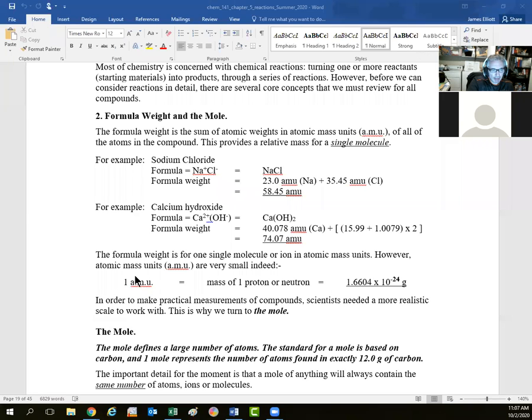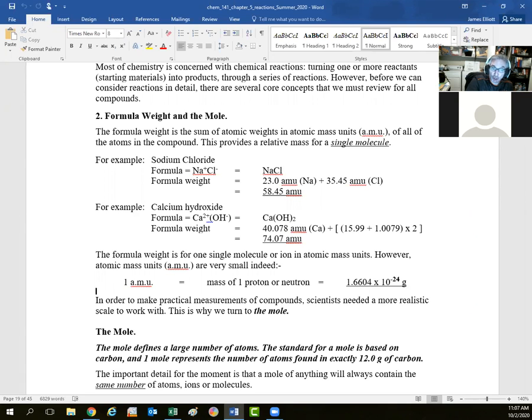When we think about an atomic mass unit, which we attribute to either a proton or a neutron, in grams, that comes to 1.6 times 10 to the minus 24 of a gram, an incredibly small amount of matter, and certainly not something we could easily measure in a balance in the laboratory. Most of our balances go to just 3 decimal places, never mind down to 23 decimal places. So that is not really something that's appropriate.